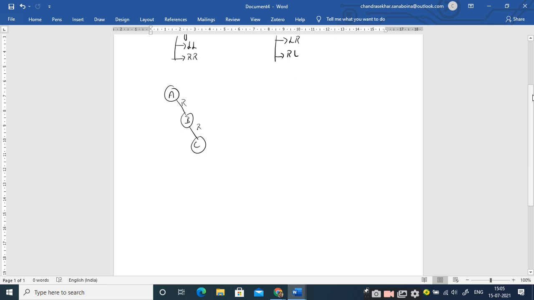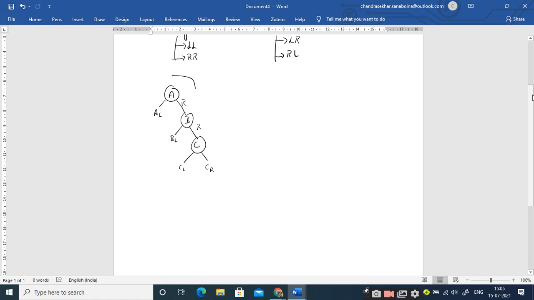For example, these are the 3 nodes I have taken, but assume that A has a left child, which I am placing as AL. Similarly, B has a left child BL. And since C is the leaf node, I have the left child of C as CL and the right child of C as CR.